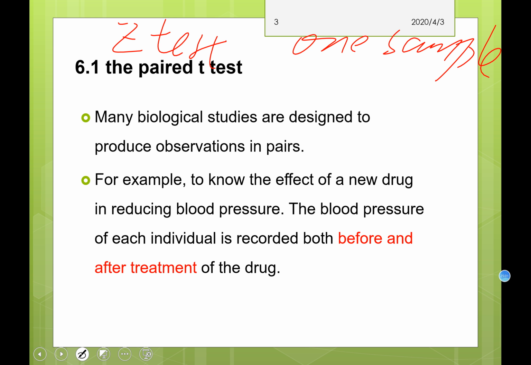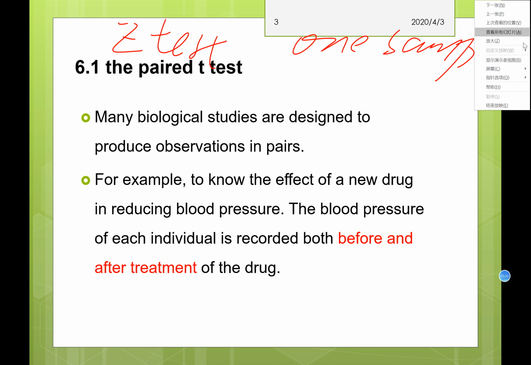There is no two samples Z-test. So in chapter 6, we will learn two methods of t-test for two samples test. Both of the two methods are based on t distribution. There is no z distribution in two samples test. Okay, let's clean it.